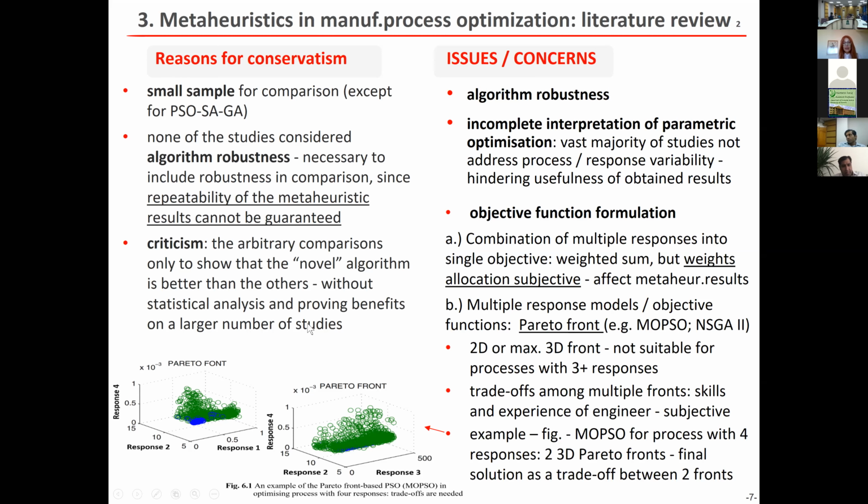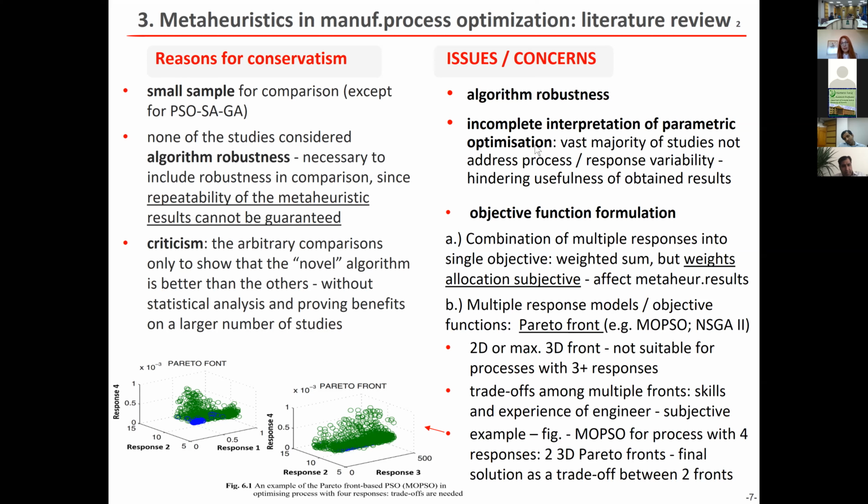Also, another concern that should be addressed is the so-called algorithm robustness. These meta-heuristic algorithms are very dependent on their own parameter tuning, or hyperparameter tuning, and this issue has also not been considered much in the literature review.